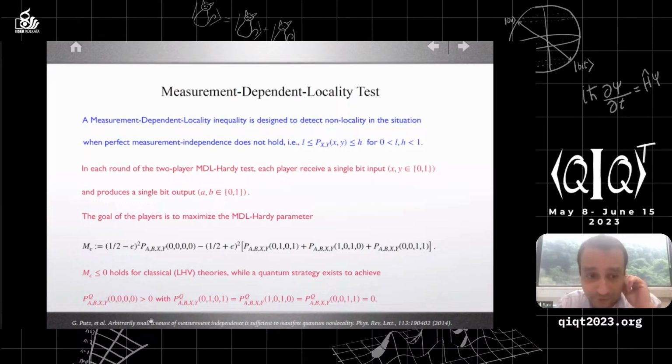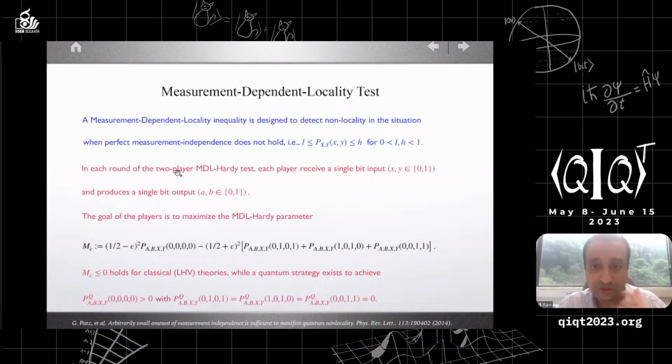In 2014, the group of Jisan designed an inequality that they call the measurement-dependent locality inequalities. They are designed to detect non-locality even in the situation when perfect measurement independence does not hold, which means that when the measurement inputs are not perfectly uniform, but they have some epsilon amount of randomness, you can still detect non-locality if you use a modified version of a Bell inequality that they call the MDL inequality. So in this particular case, we are using this MDL Hardy inequality.